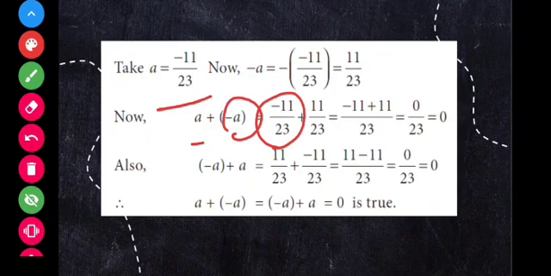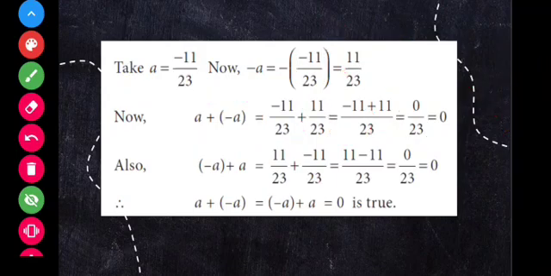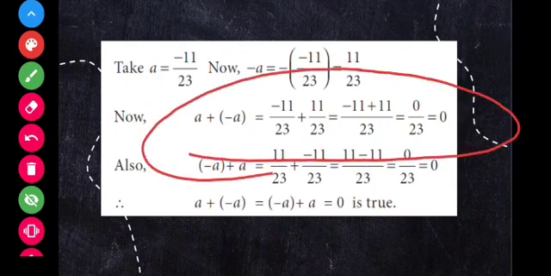So we are taking minus 11 by 23 and negative of a, negative of negative 11 by 23, which, minus into minus gives plus, gives positive 11 by 23. So negative 11 by 23 plus positive 11 by 23, negative 11 plus positive 11 will give you 0. Hence minus a is an additive inverse of a.